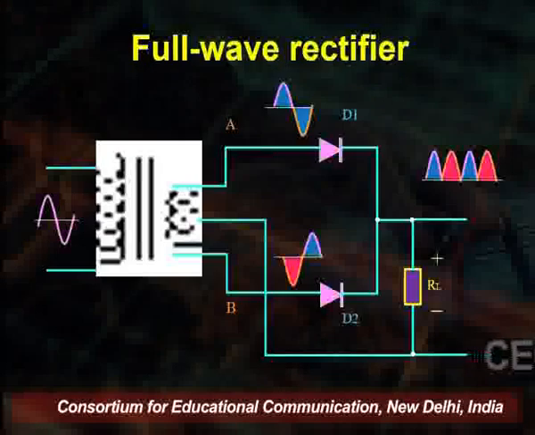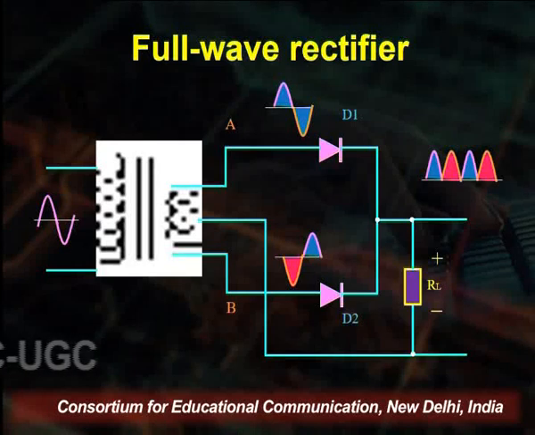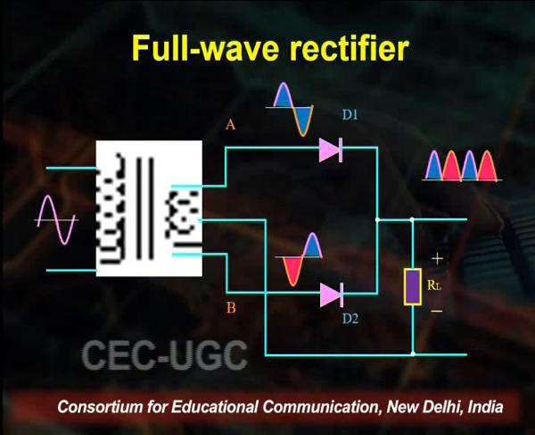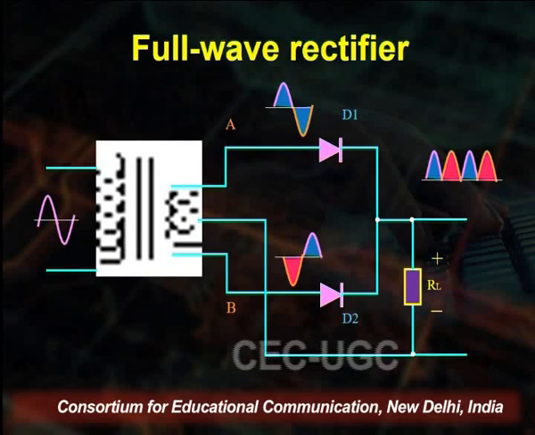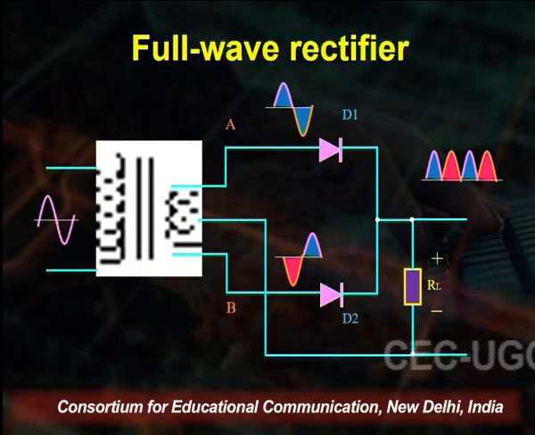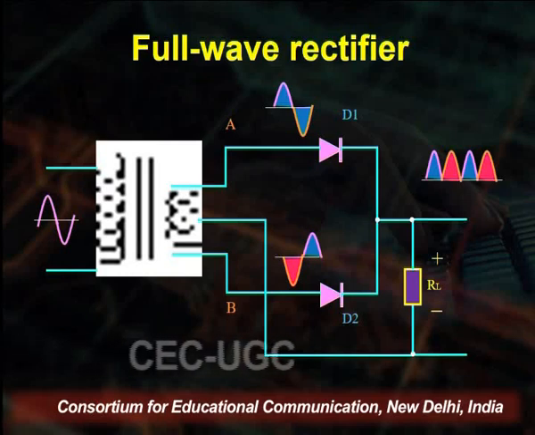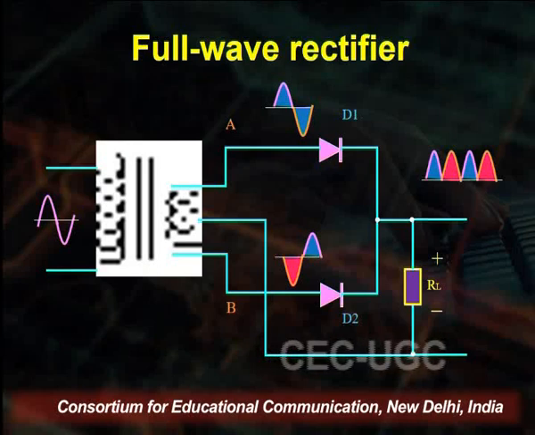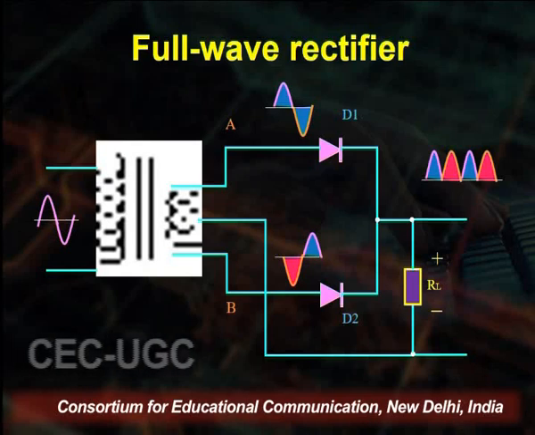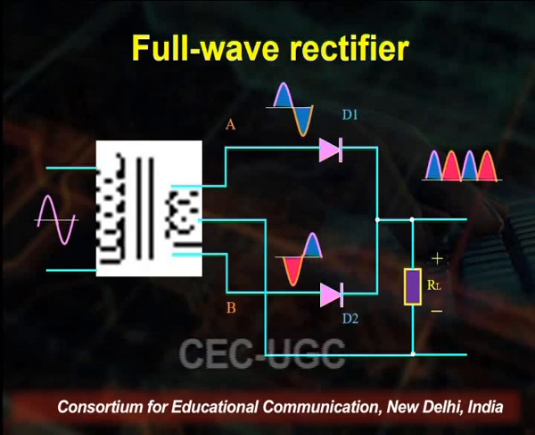You see on the screen that here we are using two diodes, D1 and D2. On the left hand side we have the AC input, which is the full cycle. After that, you see one diode converts one half and the other converts the other half. Then you see the output, where all the cycles are in the positive form. In the full wave rectifier, we get both negative and positive output.